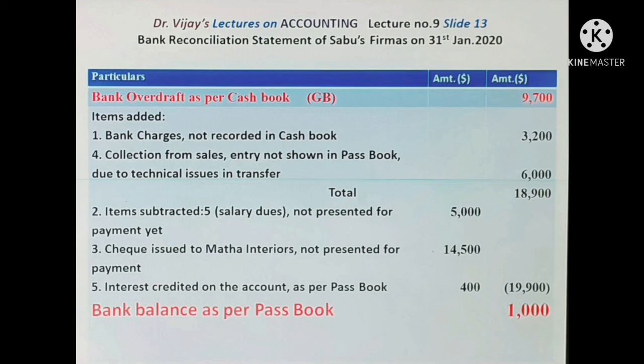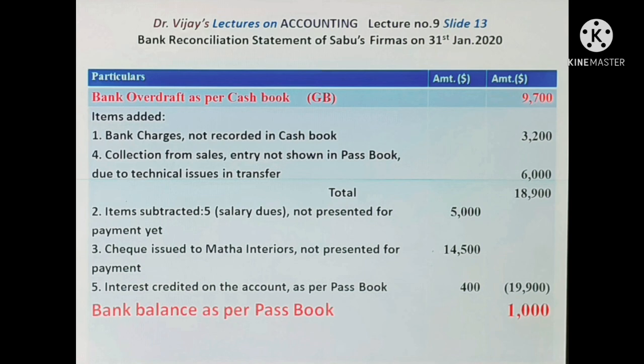Number 1, bank charges, $3,200, and COD number 4, collection from sales entry not shown in passbook due to technical issues, $6,000. When you add these two items to the bank overdraft as per cash book, we get $18,900.